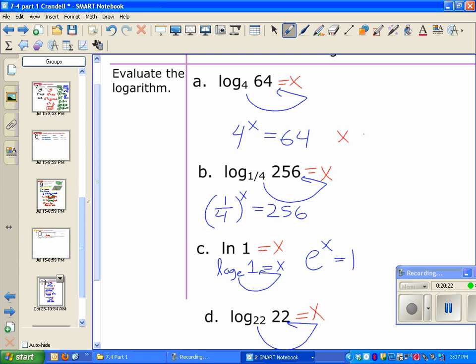So for this one, x would be equal to 3 because 4 cubed is equal to 64. This one's a little bit tricky. 1/4. Well, we might need to do some exploring. I'm not sure, but maybe if it was -2, that might help. So we have 1 to the -2 over 4 to the -2.